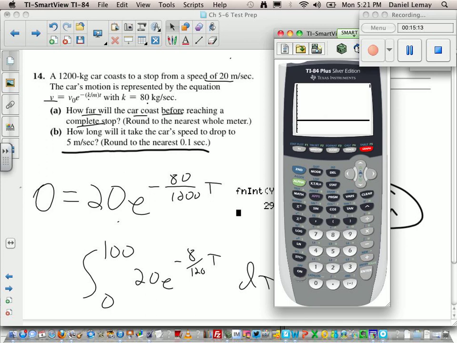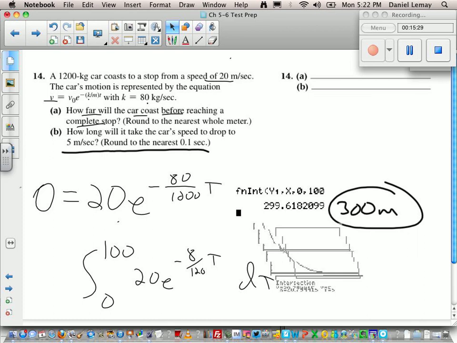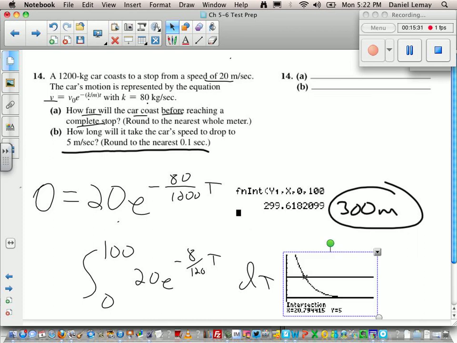I'm going to graph it. There's an intersection, and we're just going to let the calculator find it for us. So at about 20 point, what do they want? Nearest tenth of a second, so at 20.8 seconds. And that's where I came up with my answer. And that's that practice test.